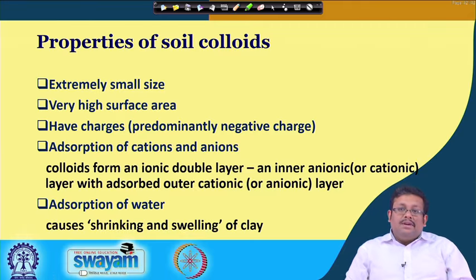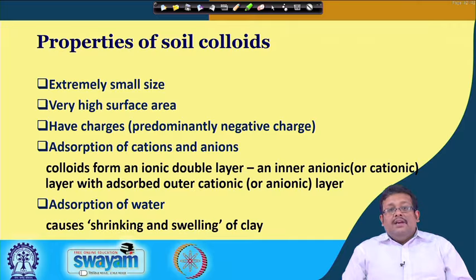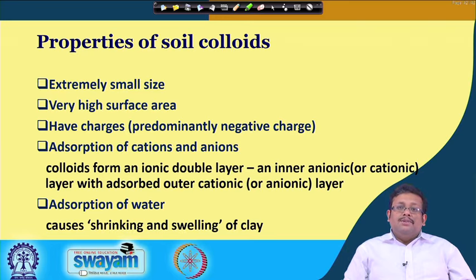Obviously, they are extremely small in size, and they have very high surface area. They have charges which are predominantly negative, and there will be adsorption of cations and anions on the surface of the soil colloids.